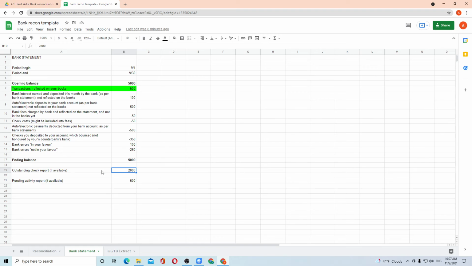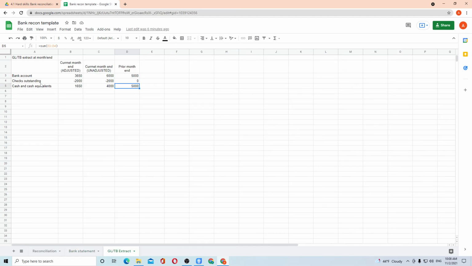You need to be very accurate with checks. And some companies, like I showed here, might have two separate accounts on the trial balance, one for the cash in the bank and one for the checks outstanding.